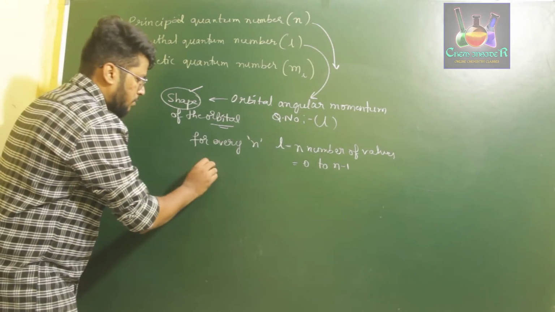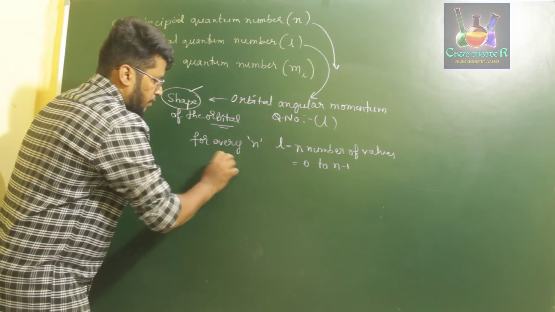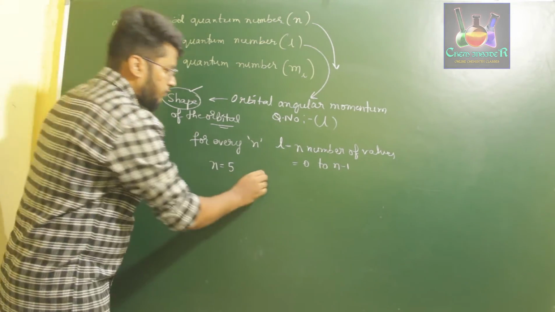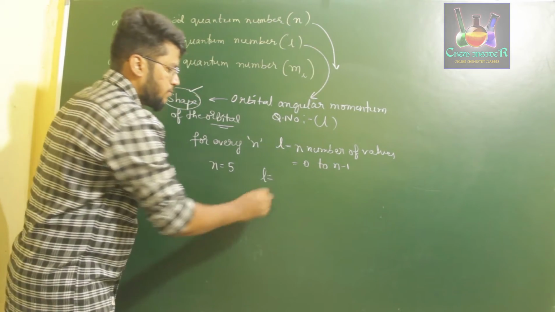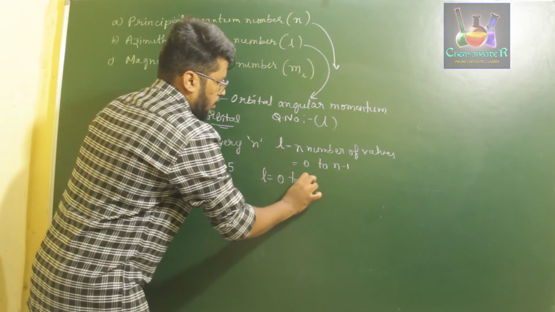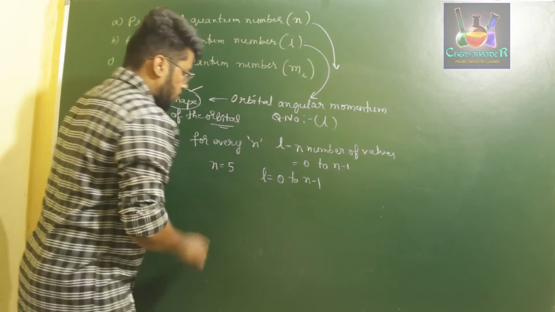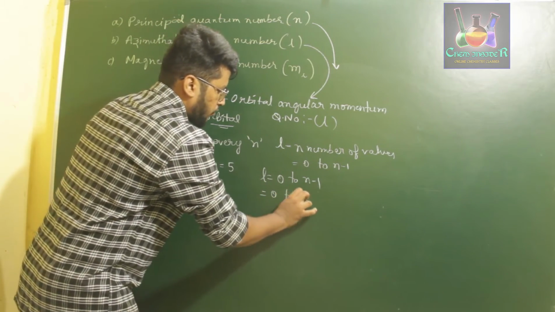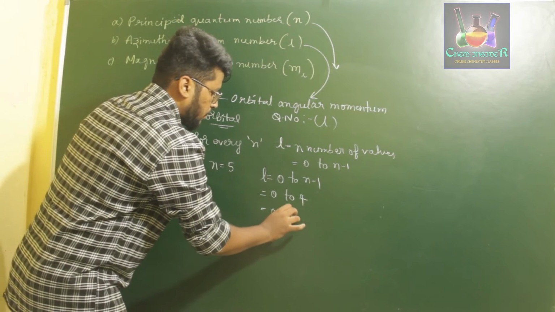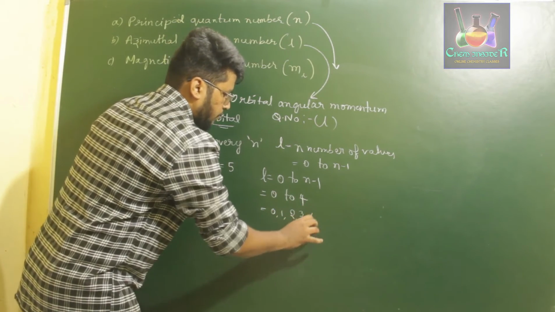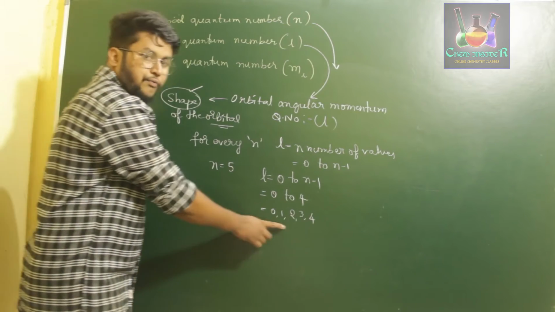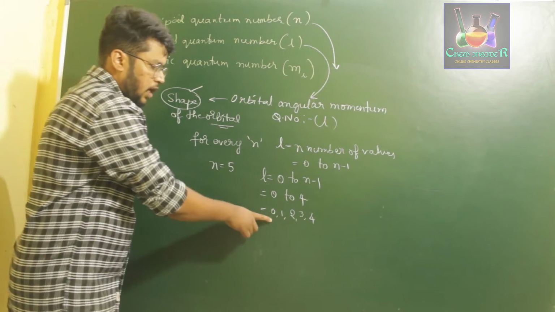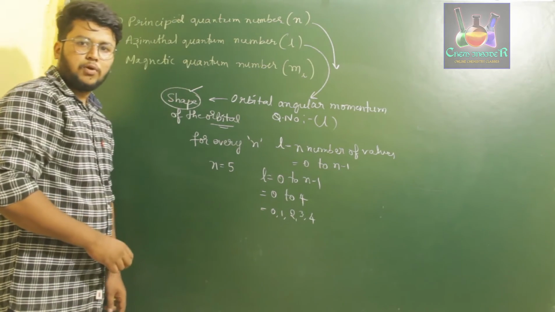For example, let us say n is equal to 5. L can have values from 0 to n minus 1, so 0 to 4, that is 0, 1, 2, 3, 4. So it has now 5 values. For every n equal to something, there will be that many values.